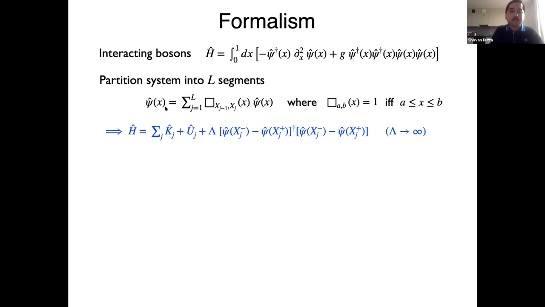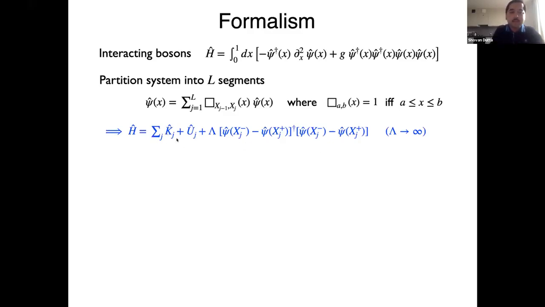So it's just dividing psi into a bunch of segments. If you substitute this into the Hamiltonian and take care of the delta functions arising from the discontinuity in the box function, then you arrive at this formula. So you see that I've turned H from a continuous integral into a discrete sum over these segments.